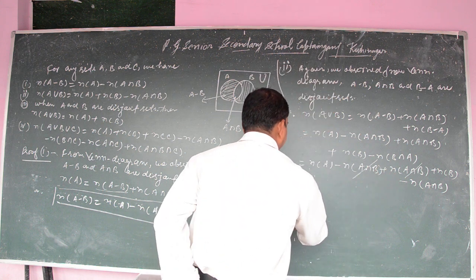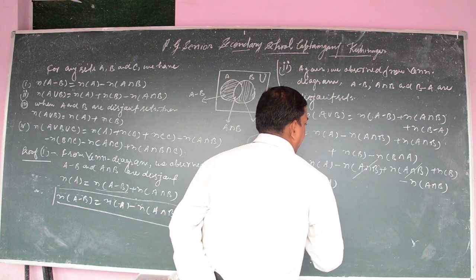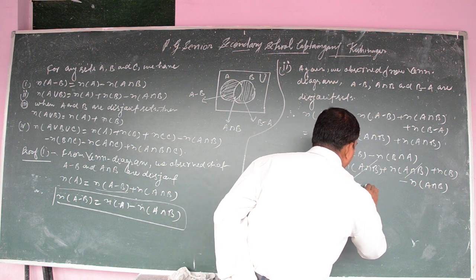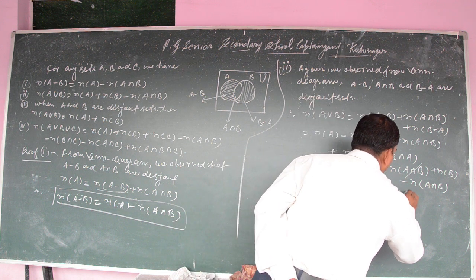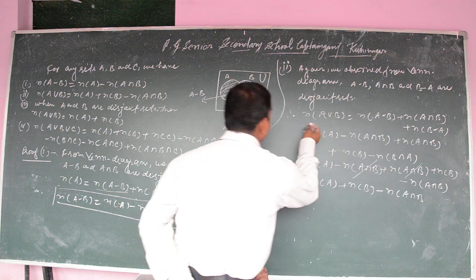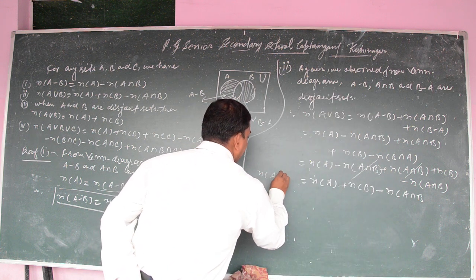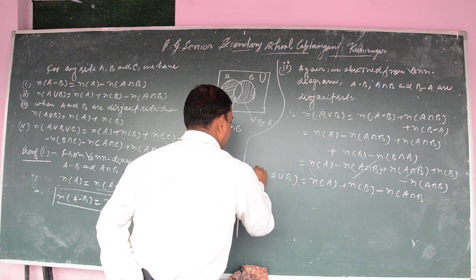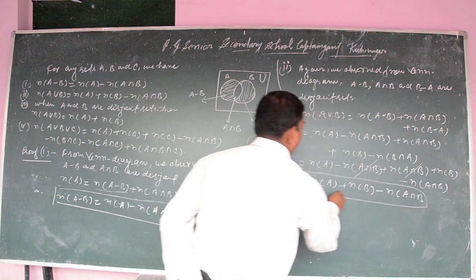Then you obtain cardinal number of A plus cardinal number of B minus cardinal number of A intersection B, and the left hand side is cardinal number of A union B. This is the second formula.